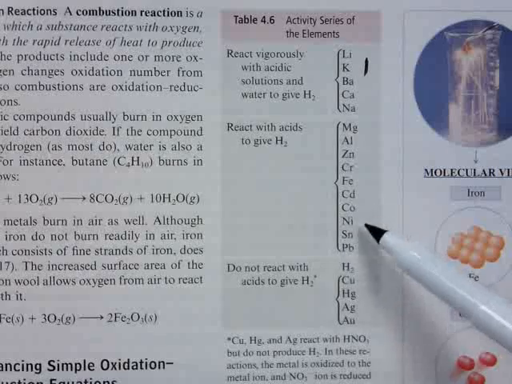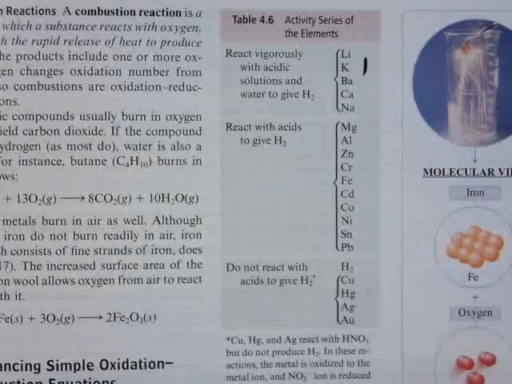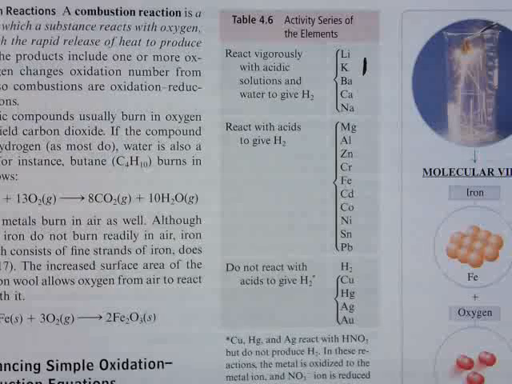Like nickel will replace tin, lead, hydrogen, copper, and so forth, but will not replace anything above it in this list. And if necessary, I will attach the list to the exam, and you just pick out what is used. So let's look at some of these equations and define some more terms on oxidation reduction.